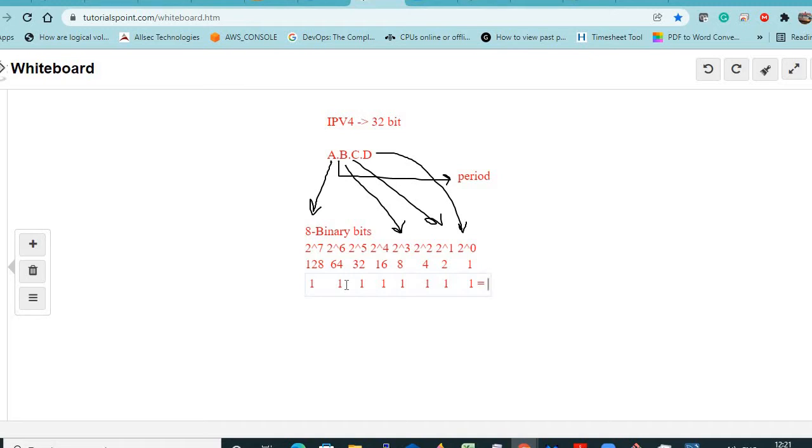That means we need to add the values: 128 plus 64 plus 32 plus 16 plus 8 plus 4 plus 2 plus 1 is equal to 255. Getting it? So you can add parallelly and verify the result.